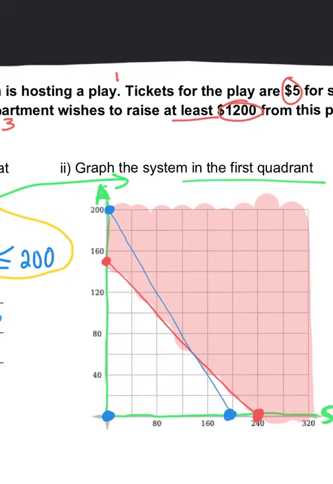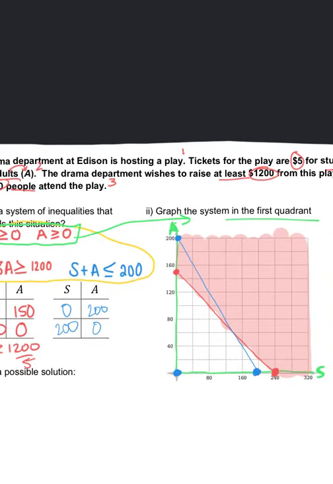And there we go. Now let's check. If I use that same test point, 0 plus 0 is less than or equal to 200. 0 is indeed less than or equal to 200, so this is true. So I'm going to shade where 0, 0 is, which is on the bottom of this blue line, and I'm going to color everything below the blue line.